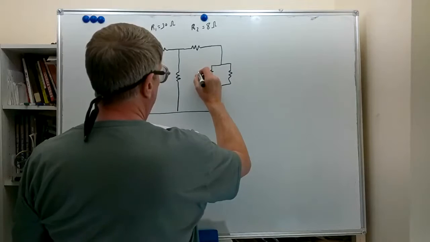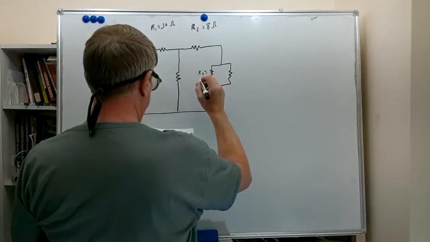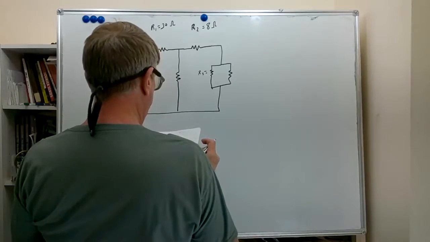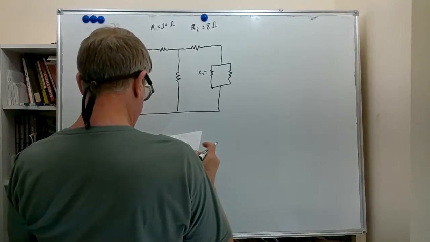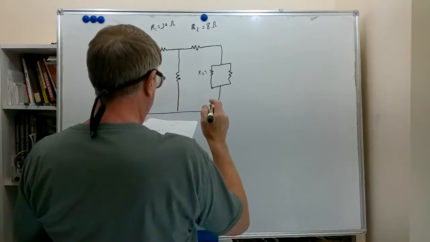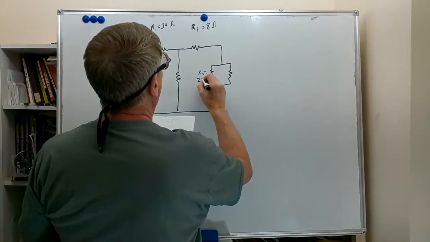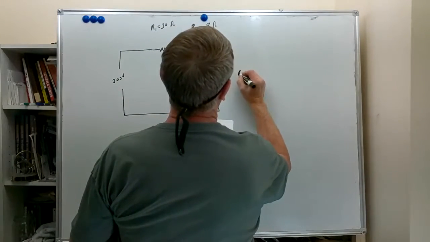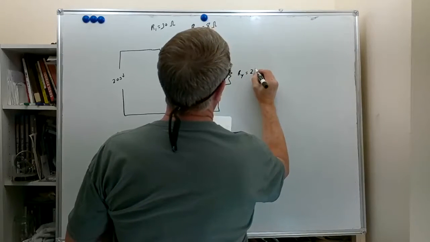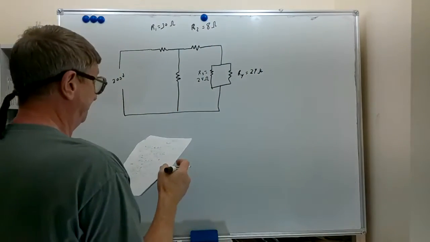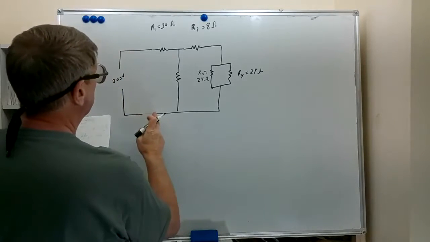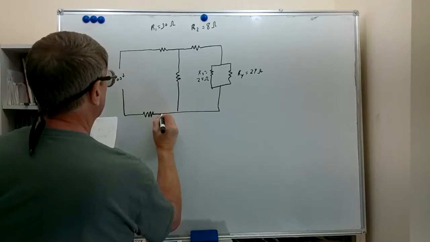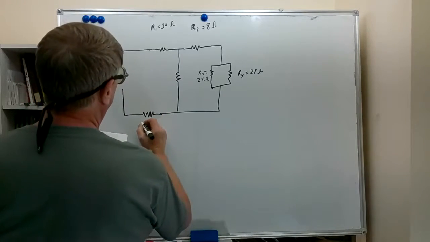R3 right here, that's a 24 ohm resistor. R4, that's going to be another 24 ohm resistor. Another resistor here that we missed. That's R6 at 60 ohms.